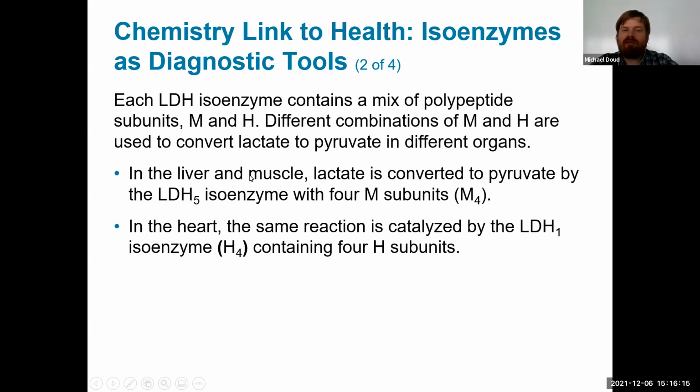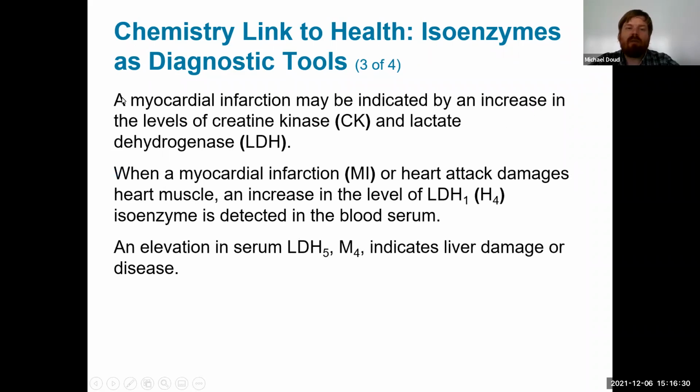And you can imagine, liver and muscles have a different structure than heart. And so there's going to be differences needed based on what the surrounding of the enzyme is actually going to be. So if you have a myocardial infarction, that's a heart attack. It can be seen if you notice that there's lactate dehydrogenase that should be in the heart, but is instead in the blood flow.